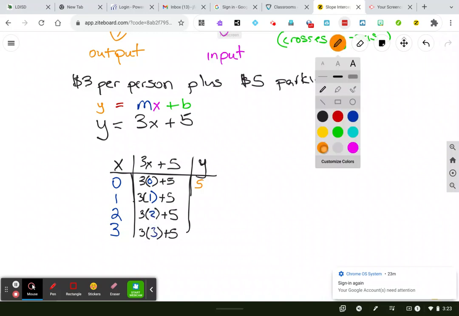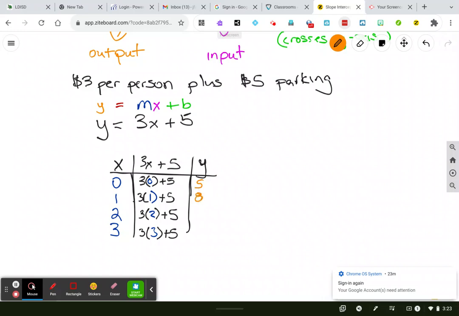So when I would go work that out, 3 times 1 is 3, plus 5 is 8. 3 times 2 plus 5. 3 times 2 is 6, plus 5 is 11. 3 times 3 is 9, plus 5 is 14.